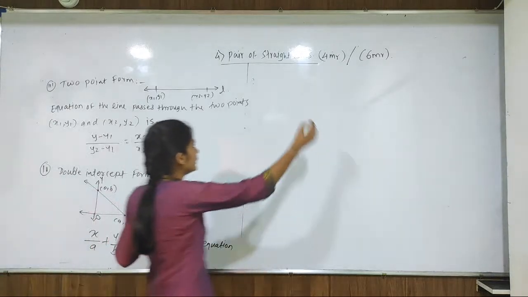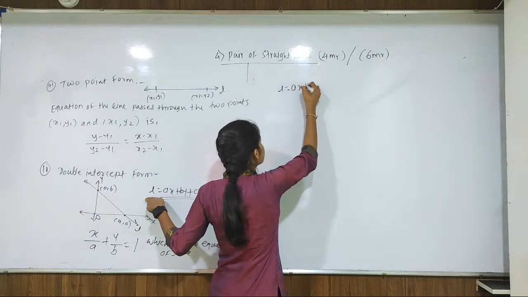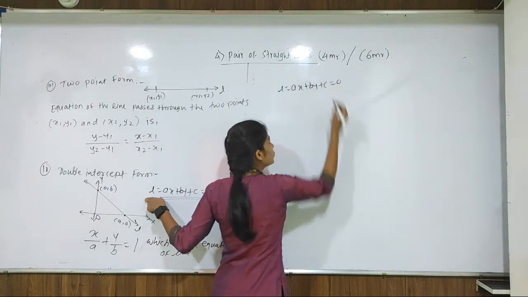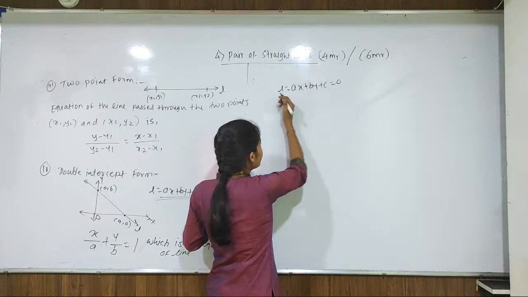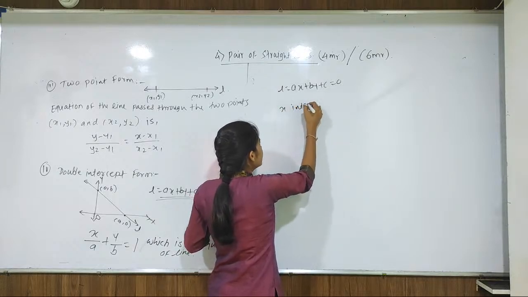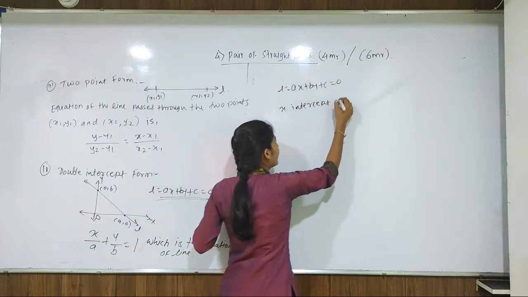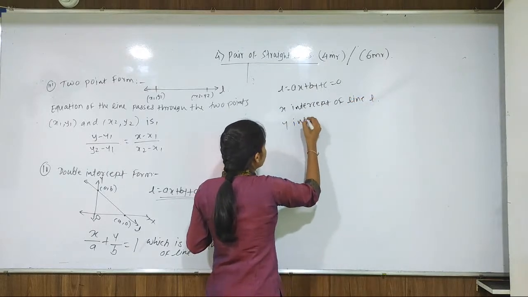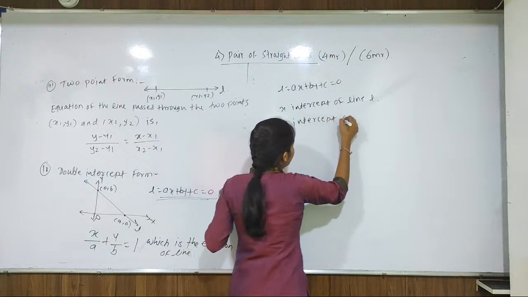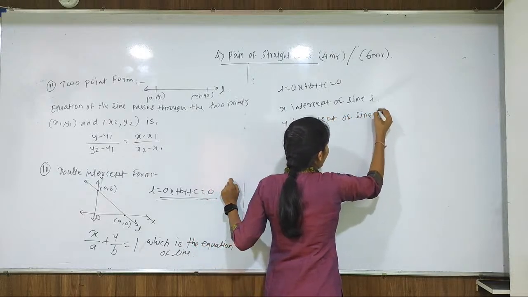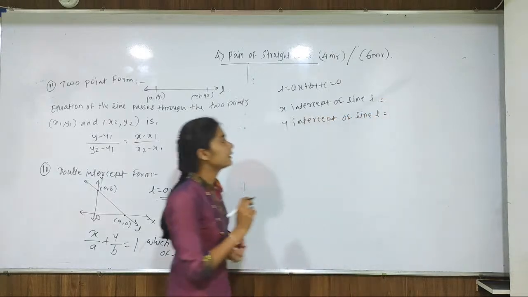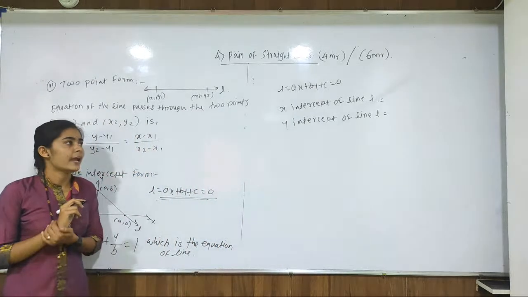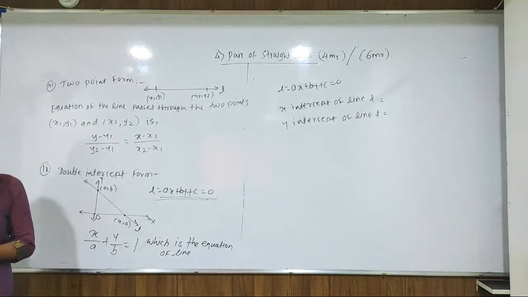So L is ax plus by plus c is equal to 0, given. By using this line, we have to find the x intercept of line L and the y intercept of line L. If we have to find the value of the x intercept and y intercept, then we have one formula for the x intercept and one for the y intercept.